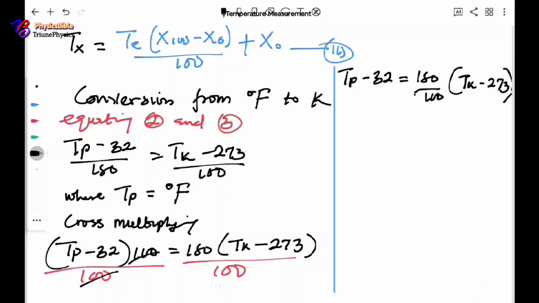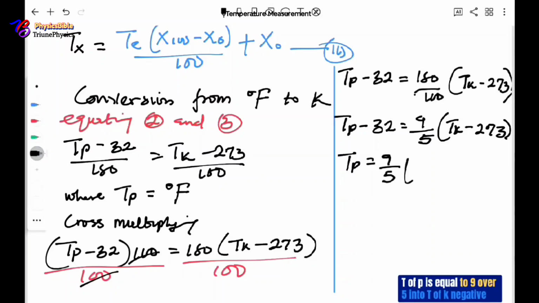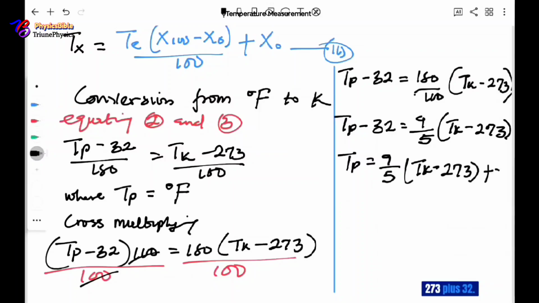Is that clear? Let's close our bracket, so that T of F minus 32 will equal 9 over 5 into T of K minus 273. Please, 180 over 100 is 9 over 5. T of F is equal to 9 over 5 into T of K minus 273 plus 32.